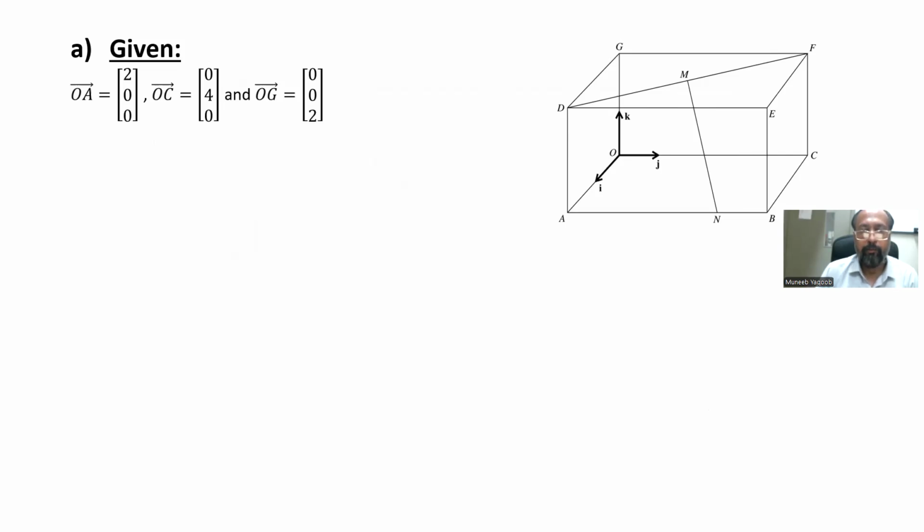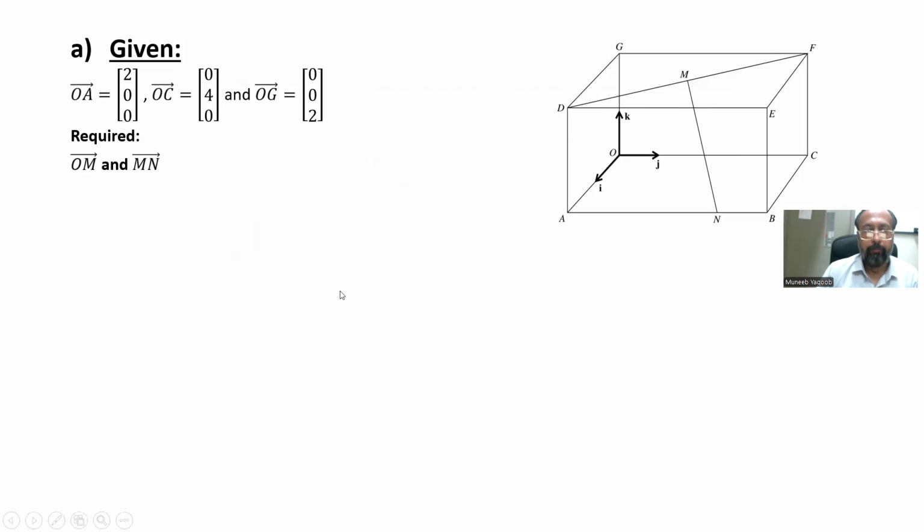Similarly, OC was given as 4 units, and since it is along the j-axis, we write it as 0, 4, 0. Similarly, the vertical axis is along the k vector, and since OG was given as 2 units, we can write a column vector as 0, 0, 2.